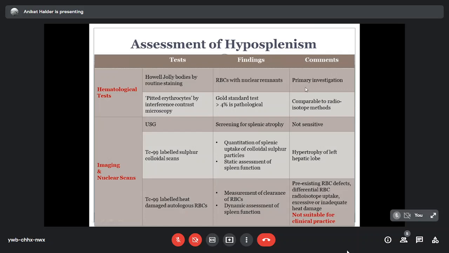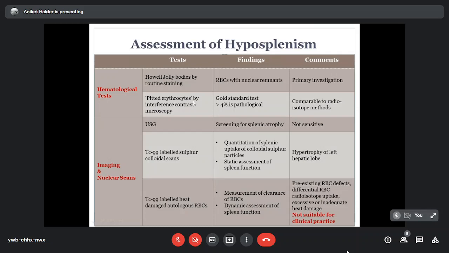The presence of numerous Howell-Jolly bodies should make us aware, and that should be reported, as that may be the primary indicator for any underlying hyposplenism.